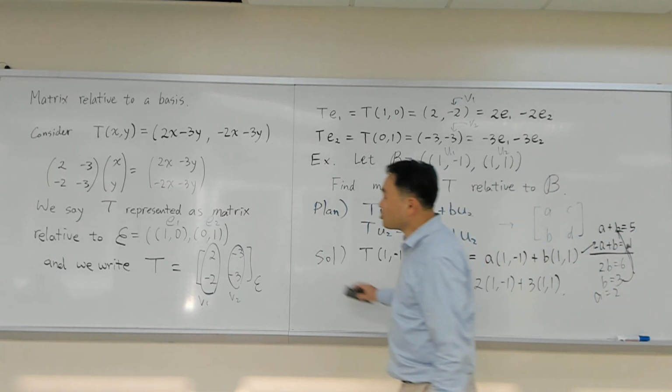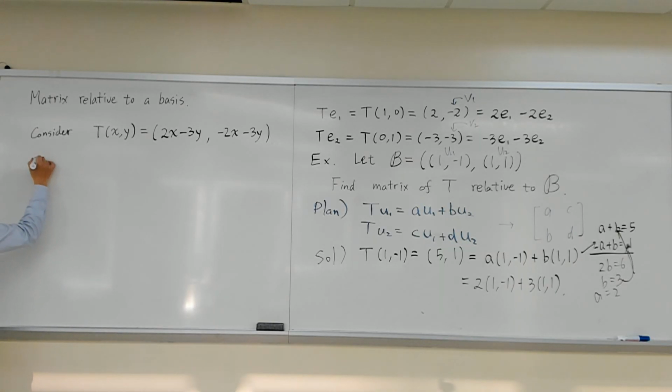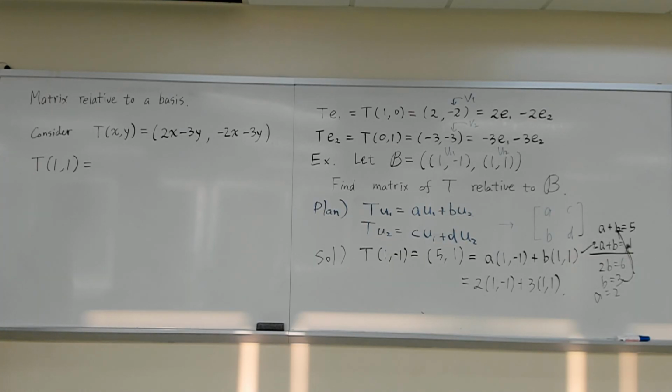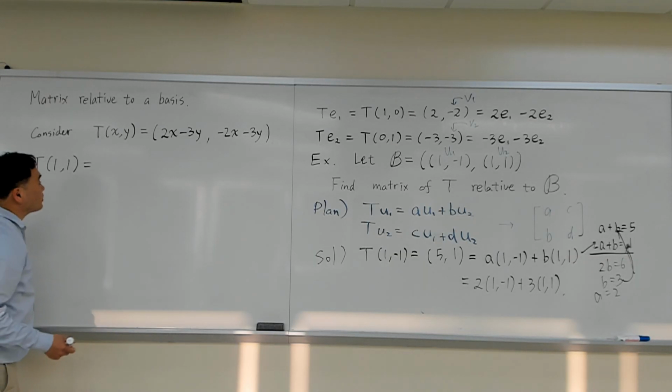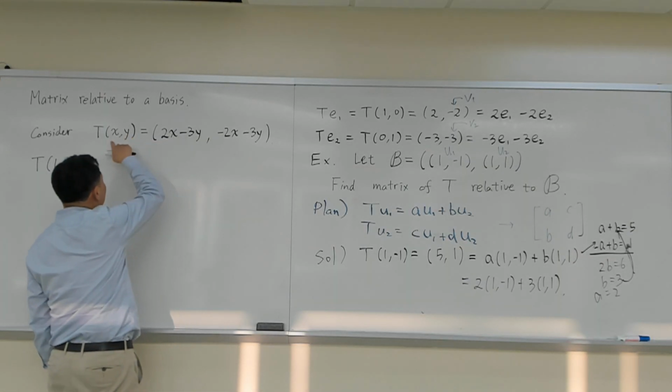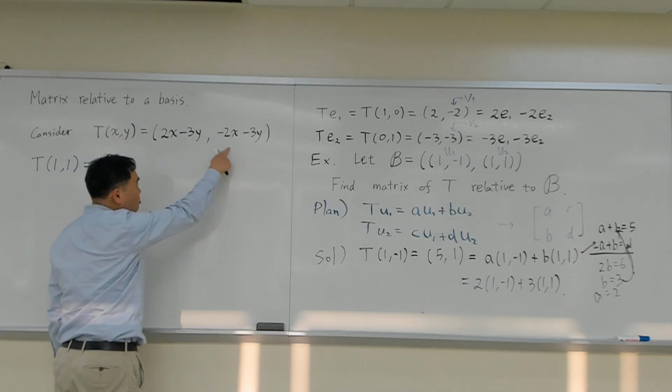Okay, since I'm not so sure, let me give you time to do the second one. T of U2, which is 1, 1. So find what T of 1, 1 is, and again, try to find two numbers so that the resulting vector is a linear combination of 1, negative 1, and 1, 1. So let's try this together. What is T? T takes in two values, x and y, and spits out two values, right?